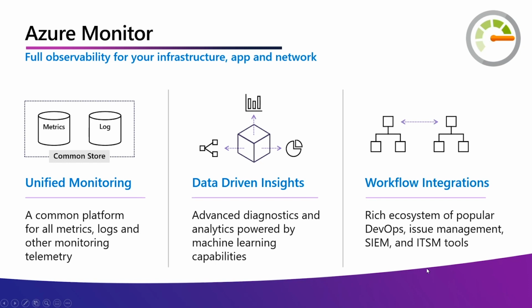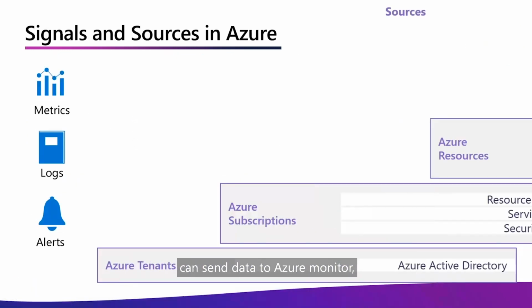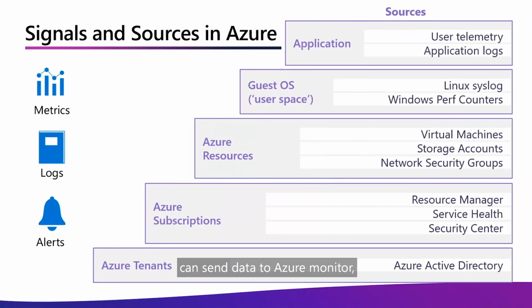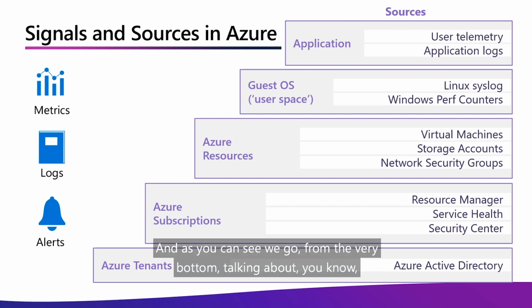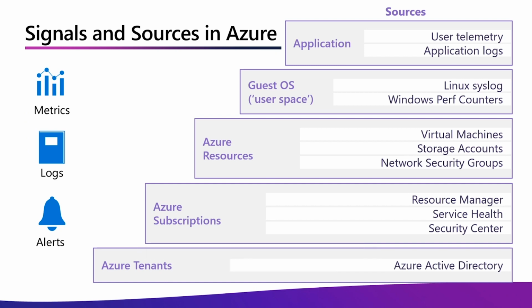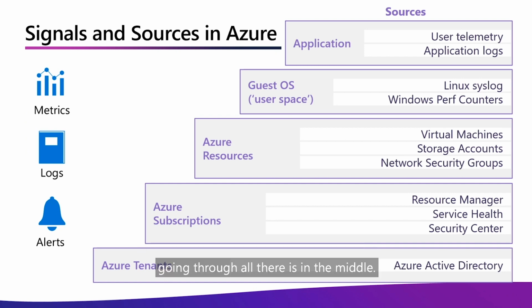The tools that can send data to Azure Monitor, and in general all the sources for metrics and logs, are in this slide. And as you can see, we go from the very bottom, talking about Azure tenants. So we ingest data from Azure Active Directory, all the way up to your application, going through all that is in the middle.